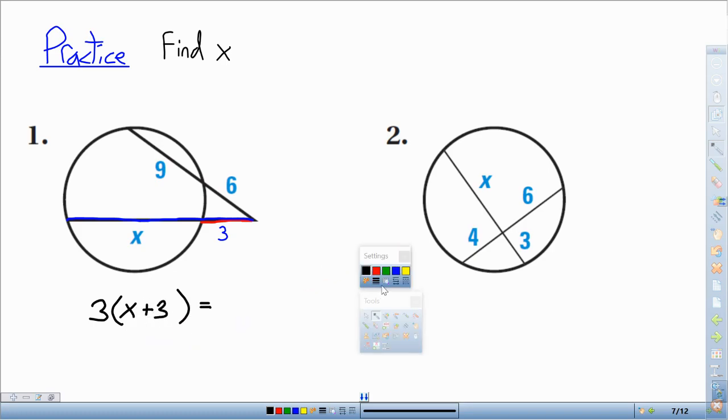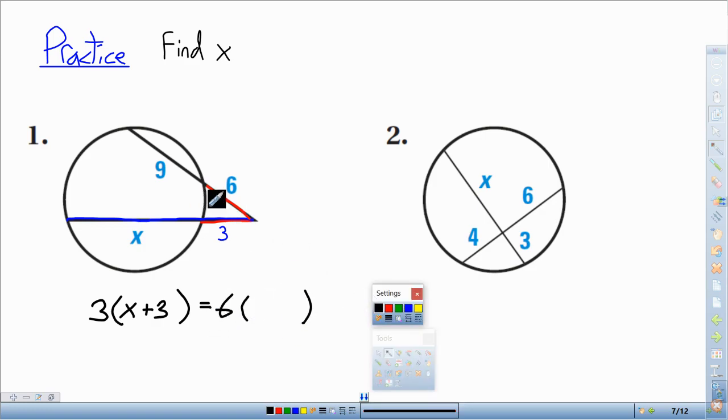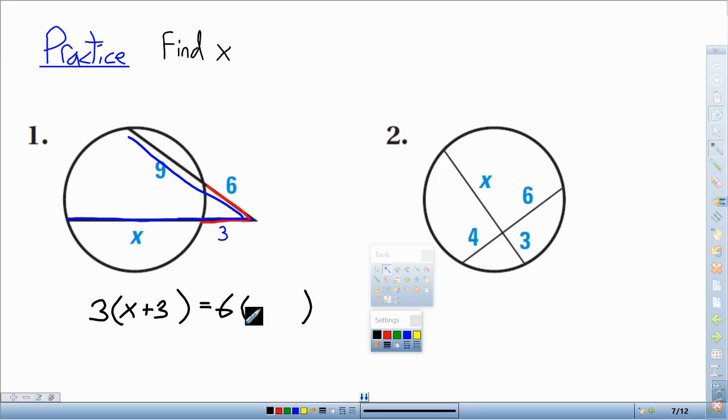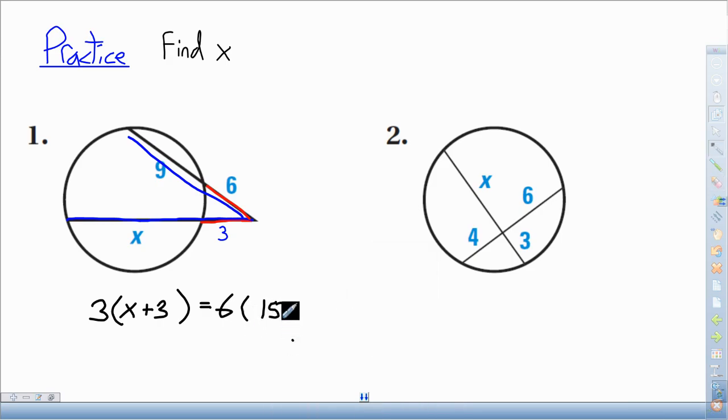Okay, now I'm going to set that equal to doing the same thing with this secant line, the outer segment, 6, times the entire line, which is not 9, it's 9 plus 6, which I'm just going to go ahead and write as 15. Okay, that's the hard part. Make sure your first step looks like mine, or maybe you had a second step where you added these together, but make sure you added these two pieces together to get these entire segments.